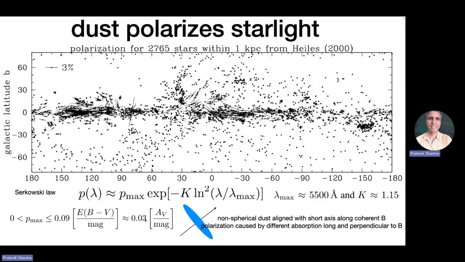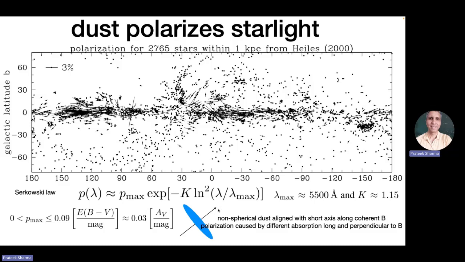This is how you see polarization, so your dust has to have these kinds of properties. This is how P max goes with AV. The higher the AV, the higher the polarization fraction you expect. Similarly, AV itself is proportional to reddening, so they are all linearly proportional to each other.